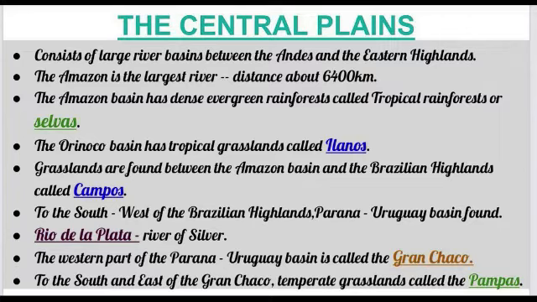And next one, the western part of the Parana-Uruguay basin is Gran Chaco. To the south and east of Gran Chaco, there are temperate grasslands, where only grasses are found. It is called the Pampas.